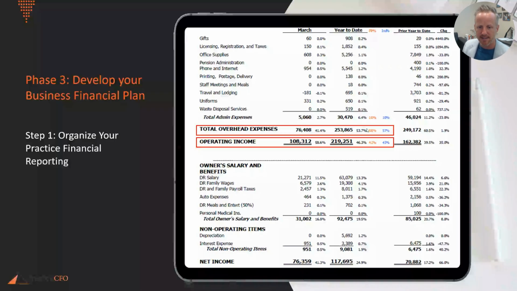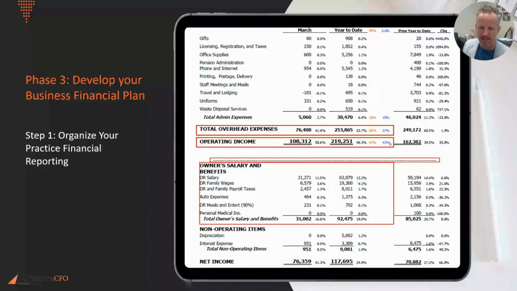And then if we go down to the bottom, I draw a line and I say everything below this is tax and financial planning. And that's where I have the doctor salary, the doctor family wages, automobile expenses, doctor payroll taxes, personal medical insurance payments, depreciation, amortization, interest expense. All that is below the line because that all relates to tax and financial planning.